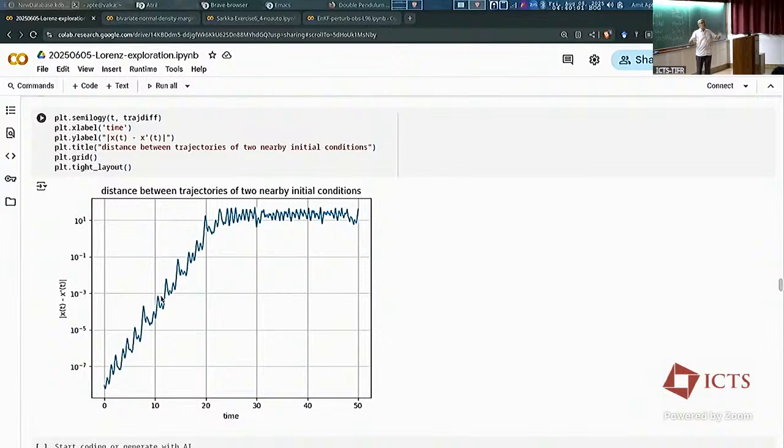This is the time scale over which, or basically if you take something like 3 or 4 e-folding times as a time scale, then 1 over lambda times 3 would be the 3 e-fold time scale. And so that gives a time scale for the system. And the Lyapunov time scale for weather is of the order of about 5 days or so, a few days, 3 to 5 days approximately.